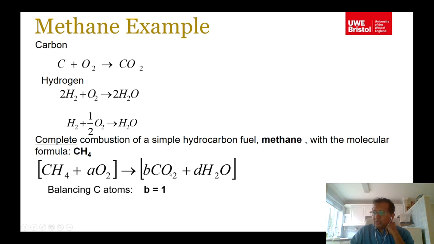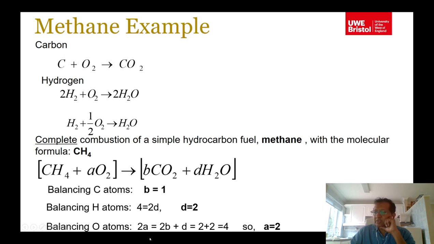Then if you look at H4, on this side you have H4. H4 means 2H2. So 2H2 will burn with oxygen O2 and produce 2H2O. So balancing for H atoms, 4 equals 2D, so D should be 2.